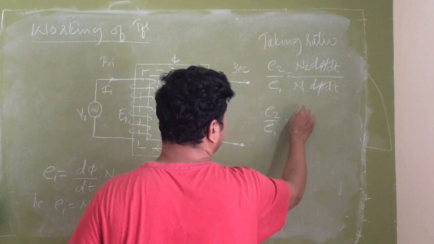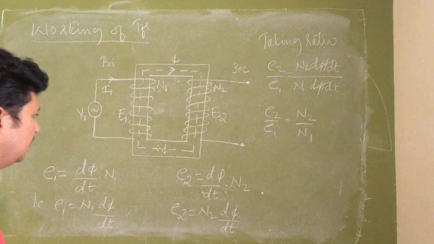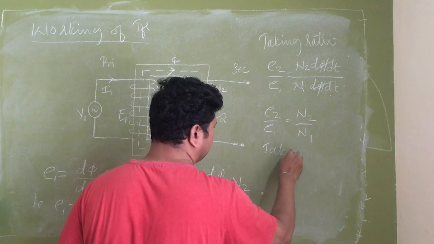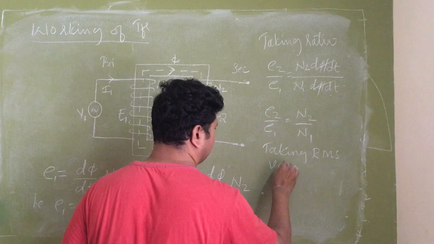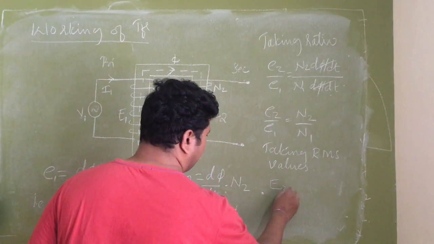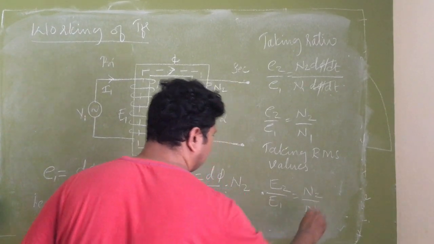E2 by E1 is equal to N2 by N1. Okay. Taking RMS values, E2 by E1 is equal to N2 by N1.